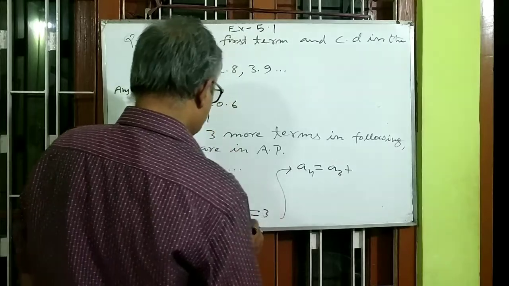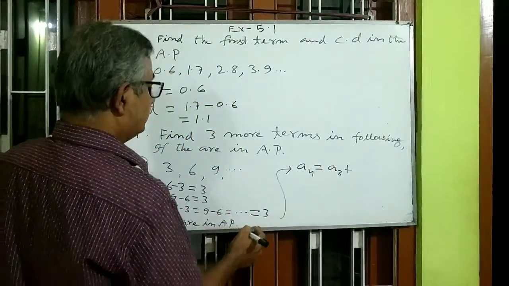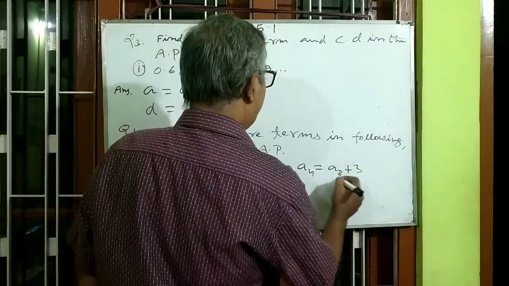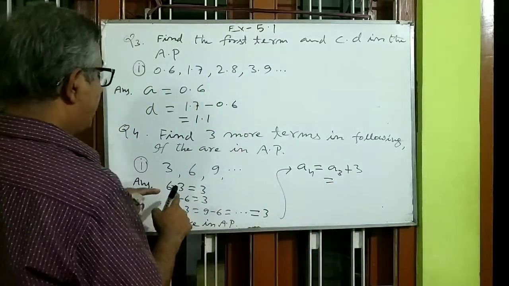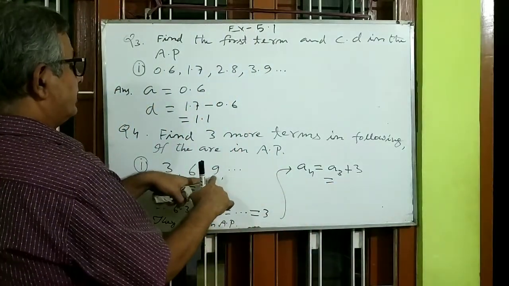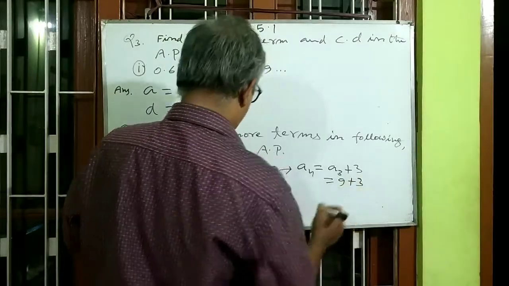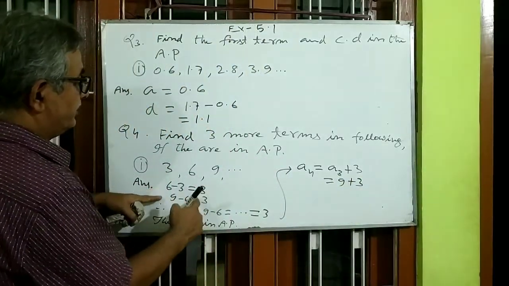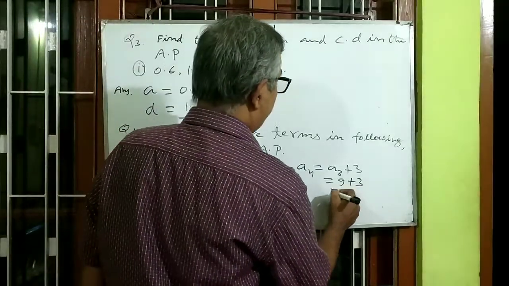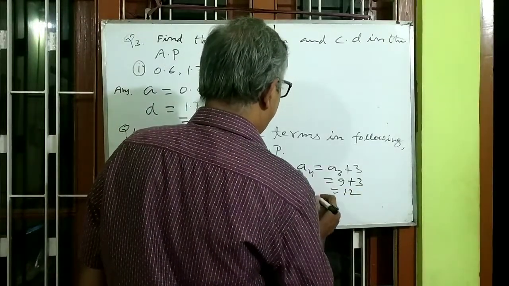What is the common difference here? 3. A3 means the third term. What is the third term? 9. And the common difference is 3. Why common difference 3? You see, always 3 is coming. So you are getting 12.